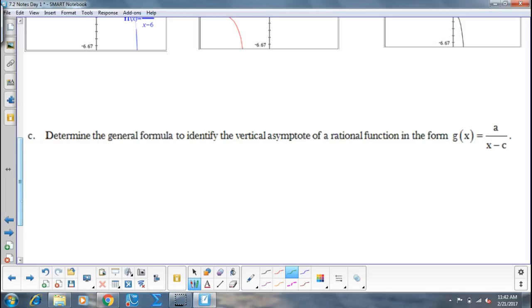So this one here is X equals C, is my vertical asymptote. VA stands for vertical asymptote.